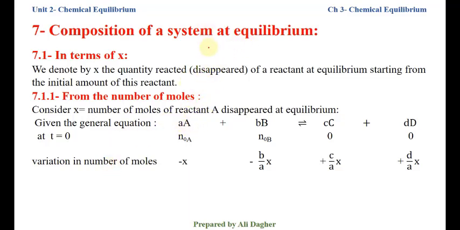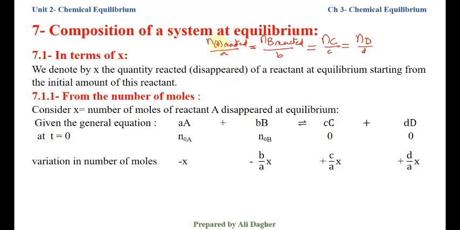According to the stoichiometry of the reaction aA plus bB gives cC plus dD, we can write: number of moles of A reacted over a equals number of moles of B reacted over b equals number of moles of C formed over c equals number of moles of D formed over d.